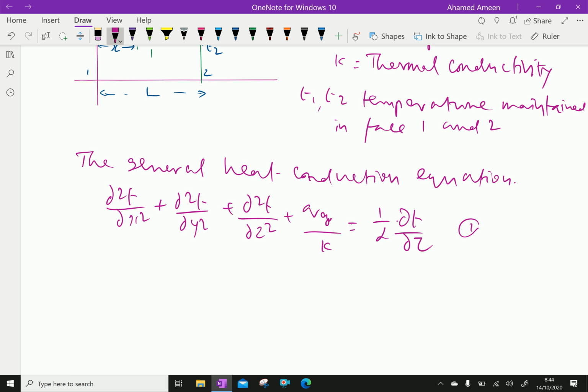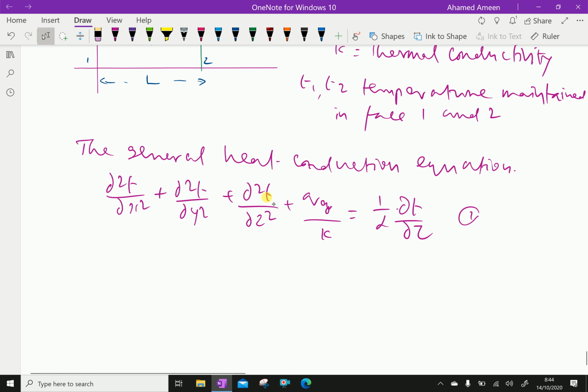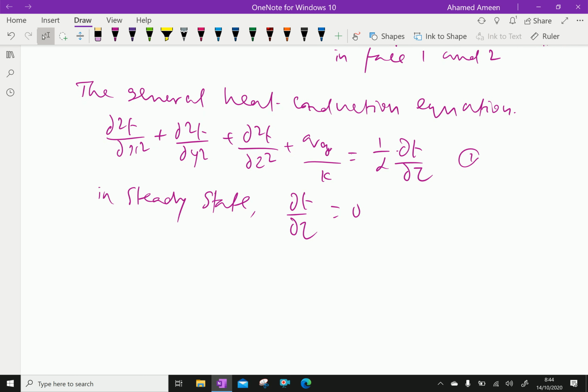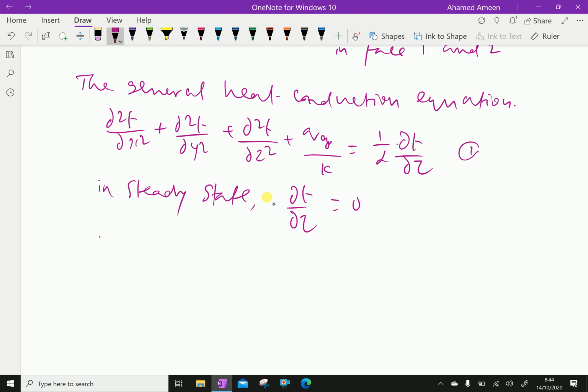If the heat conduction takes place under steady state, I can say del T by del tau equals 0. That is one dimensional. Therefore, del square T by del y square equals del square T by del z square equals 0.